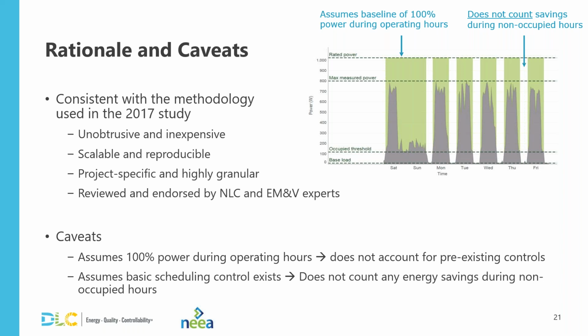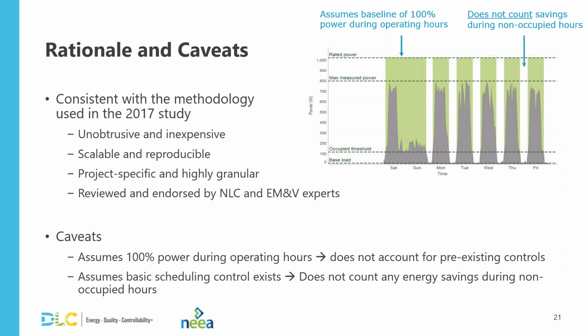There are inevitably caveats using the inferred baseline method, just like using all other baselining methods. Specific to the inferred baseline method, the first caveat is that it assumes full lighting power during occupied hours, thereby not accounting for any pre-existing controls. And this would be a source of overestimating the actual savings.